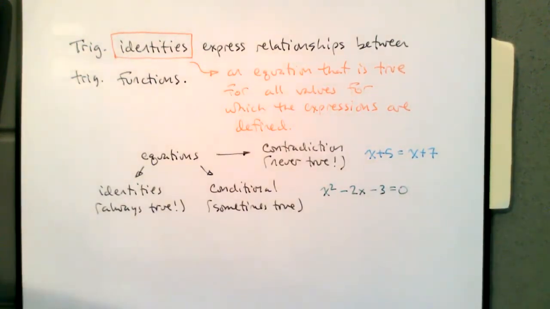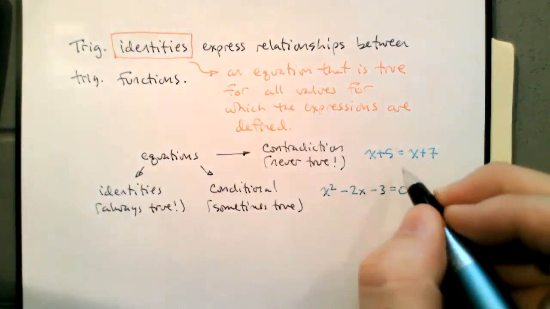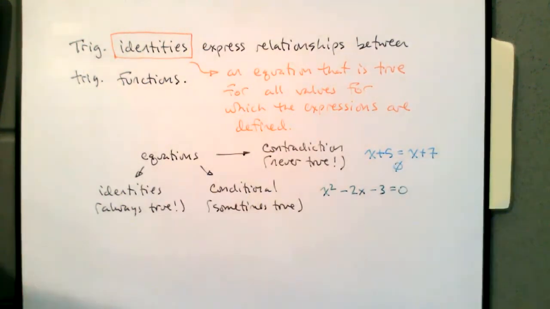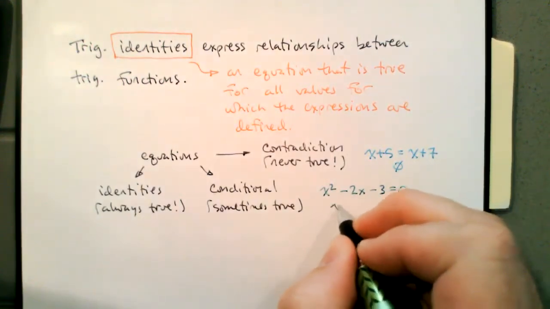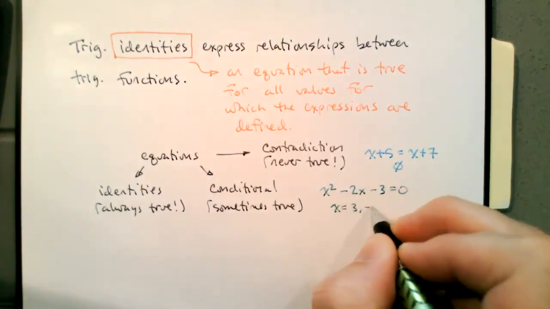This equation is sometimes true. It's true for 3 and -1, but not true for any other values of x. So this has no solutions.